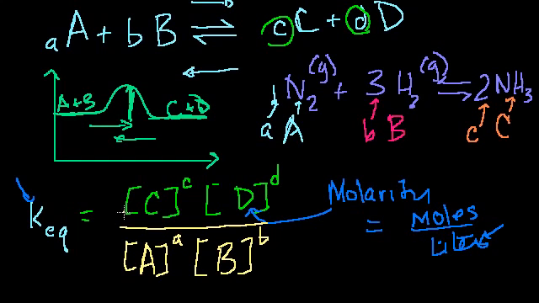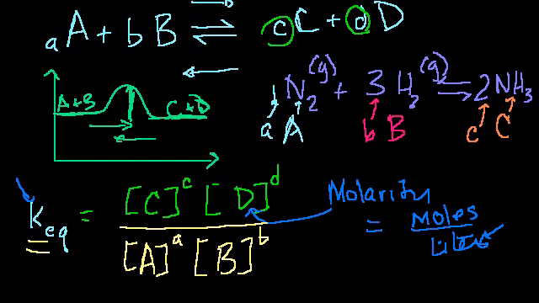This is a bit of a simplification because it doesn't apply to all reactions, but for most things you'll encounter in an intro chemistry class, once you establish this equilibrium constant for a certain temperature, then you can change the concentrations and predict what the resulting concentrations are going to be.